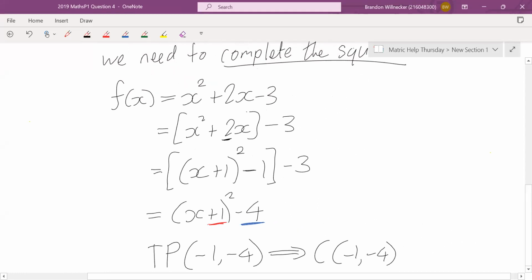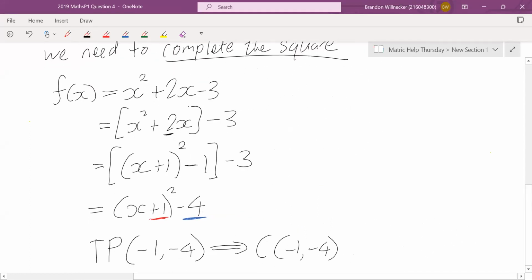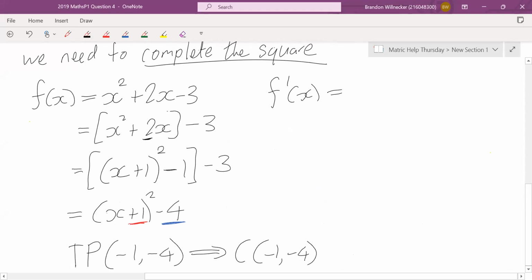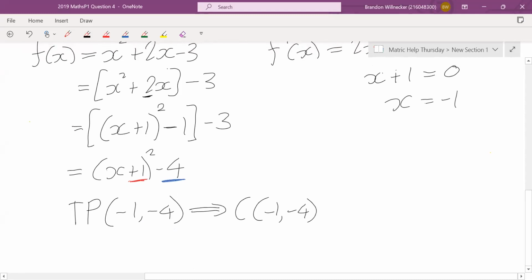Okay, and of course, you can use the derivative as well. Let's just go through that method. So we've got f. So f prime of x is going to be 2x plus 2. We want this to be 0 for the turning point. So x plus 1 is equal to 0. So x is equal to -1, exactly what we've got there.